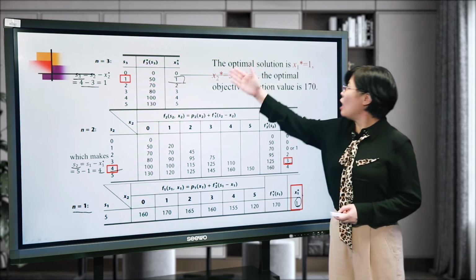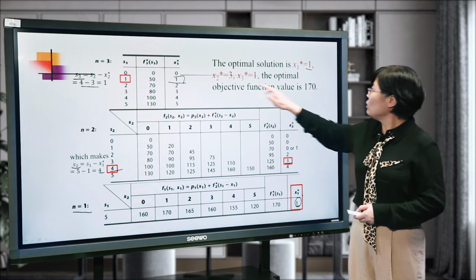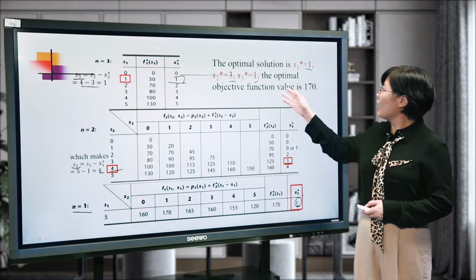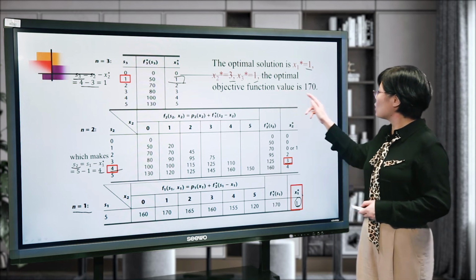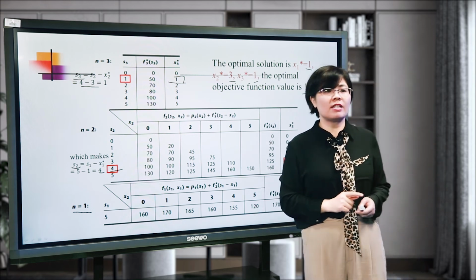So the optimal solution is (1, 3, 1), which gives the objective function value of 170.